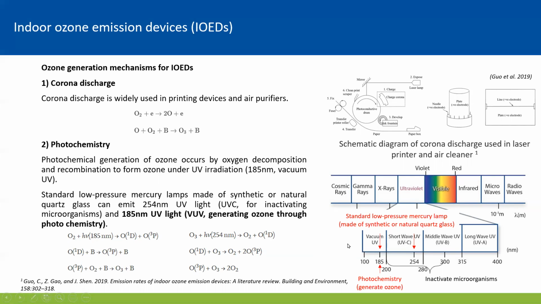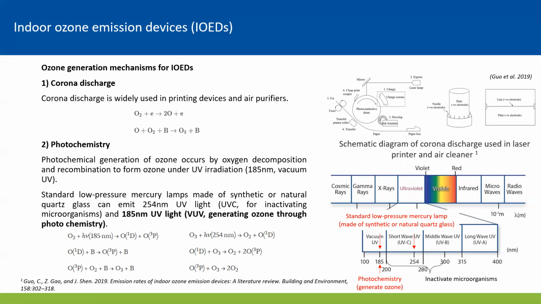And actually, it will not generate ozone at this wavelength. But this kind of low pressure mercury lamp can also produce UV light at 185 nanometers. And this UV light is actually within the vacuum UV range. And the vacuum UV range can generate ozone by oxygen decomposition and recombination through the process here.